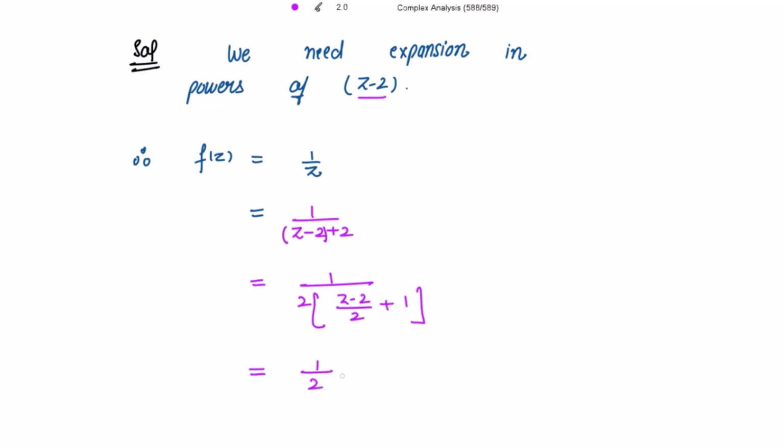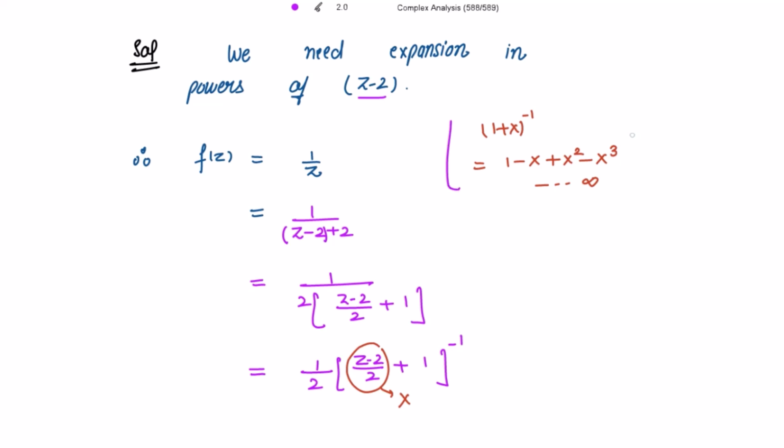So this is 1 divided by 2, taking this to the numerator with the inverse. If you consider this your x, then what is the expansion for (1 plus x) inverse? This is equal to 1 minus x plus x square minus x cube, with alternate signs to infinity.